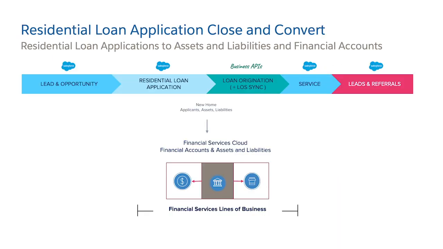Our major investment in mortgage for the Summer 20 release is really around how the information shared when applying for a home loan can be leveraged within other processes in Financial Services Cloud. We built an API to save the application information once it's verified. All that rich data will be written to financial accounts or assets and liabilities in Financial Services Cloud.